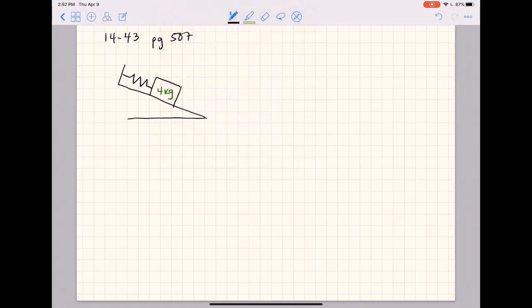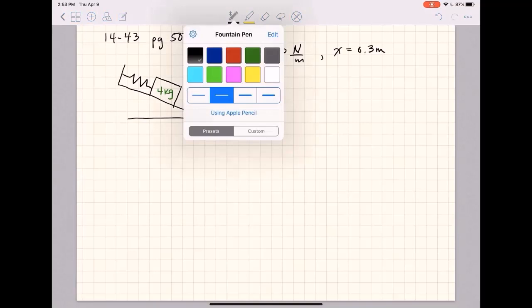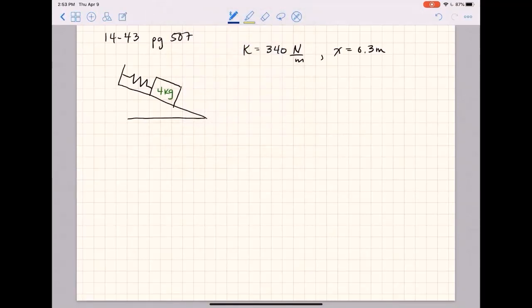We know the spring constant k is equal to 340 newtons per meter. We know that it is compressed, x equal to 0.3 meters. And if it's released from this position, how far down does the block travel before coming to a stop? In this particular problem, we are missing one more piece of information, and that would be the angle. So the angle inside here is 10 degrees.